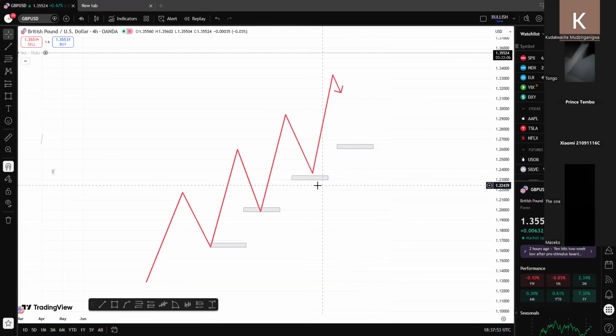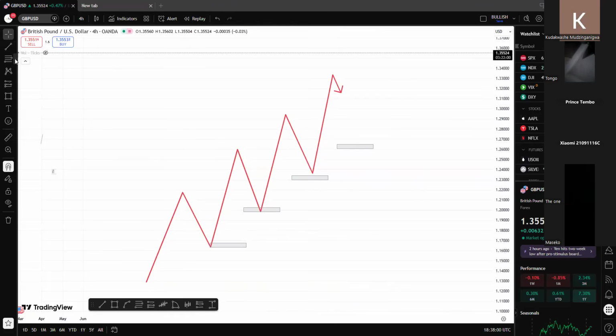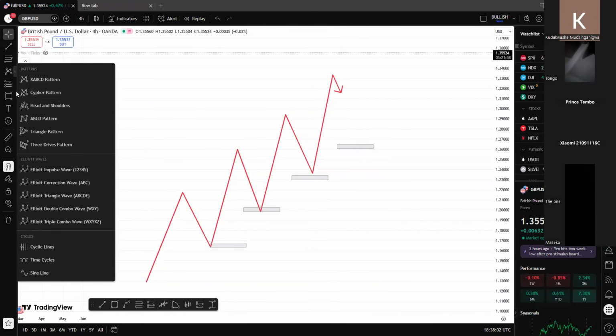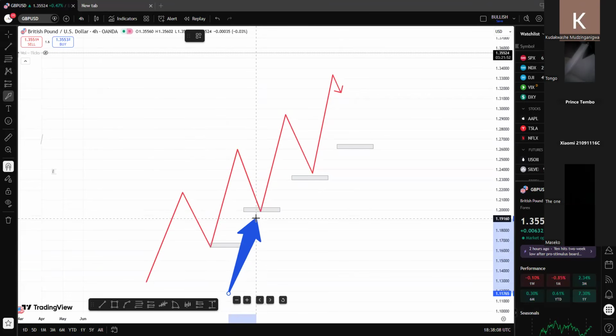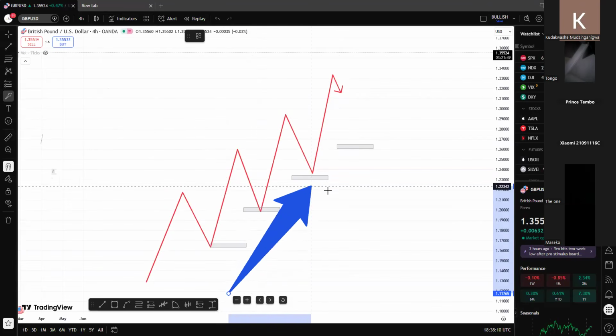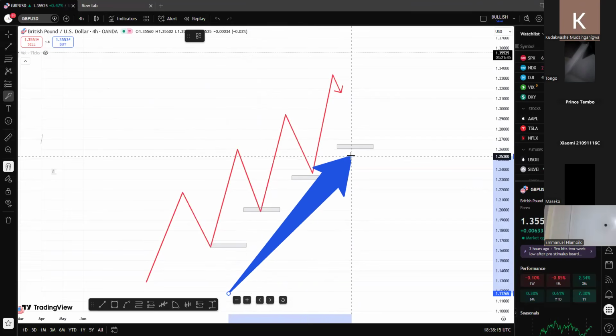So in this case, we know that our first retracement was here. We know that our second was here. We know that our third was here. What about our fourth? Where is our fourth retracement going to be? We don't know, right?